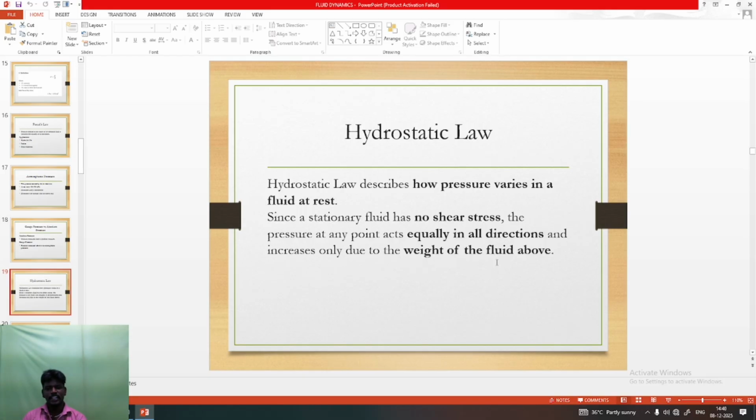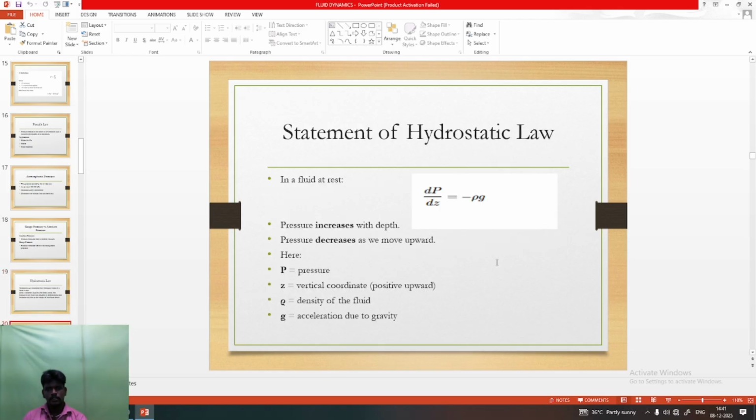The pressure at any point acts equally in all directions and increases only due to the weight of the fluid above. Once again, the pressure at any point acts equally in all directions in a stationary fluid, and increases only due to the weight of the fluid above.